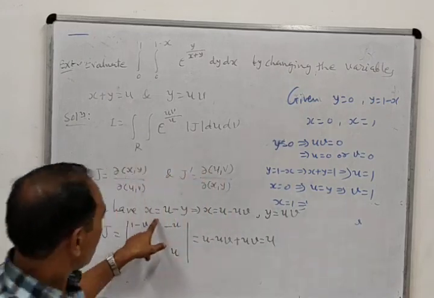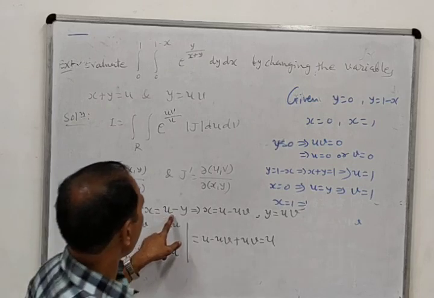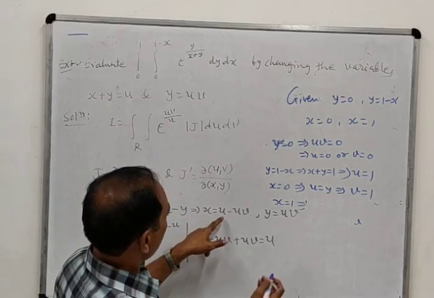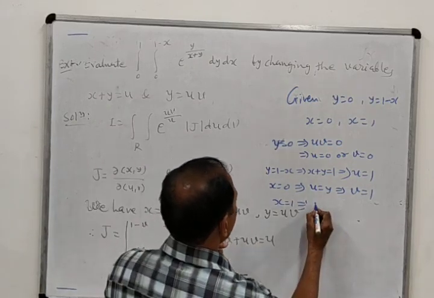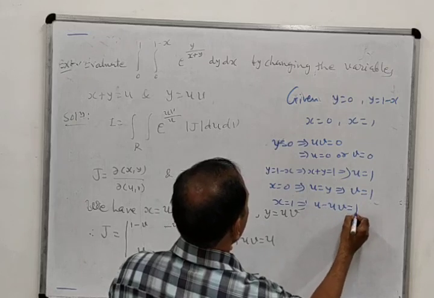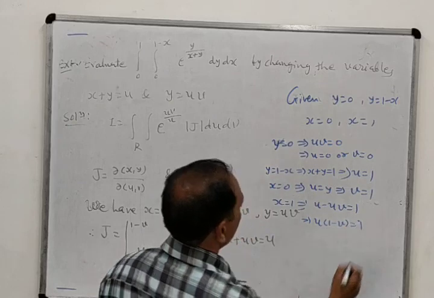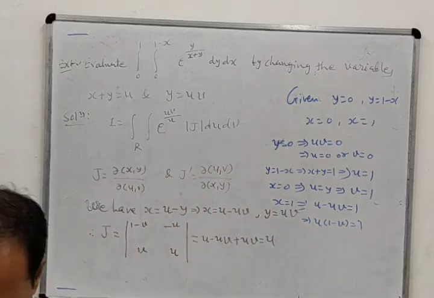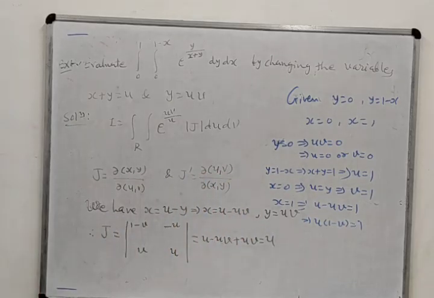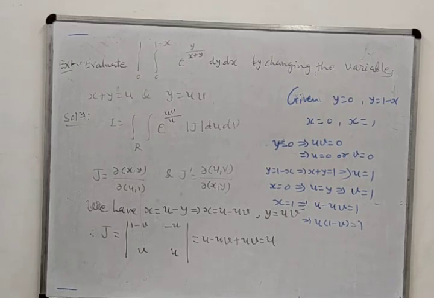So x equal to 1, u minus uv equal to 1. This implies that u into 1 minus v equal to 1. So this kind of equations we can get, and we can draw these equations very easily.